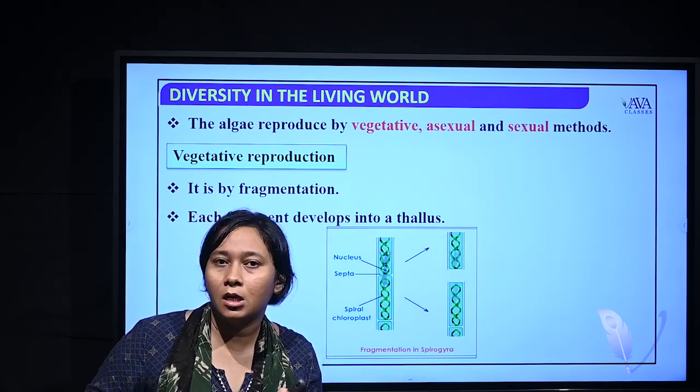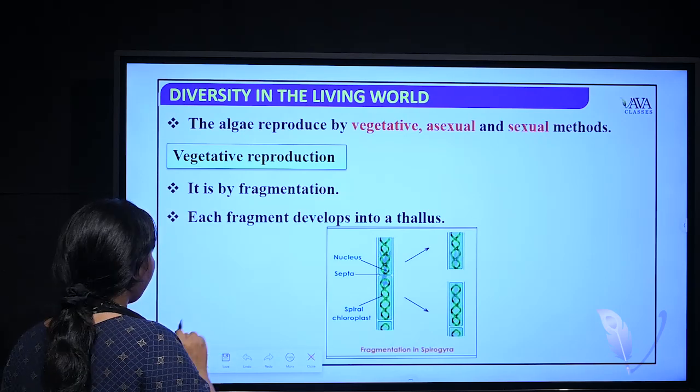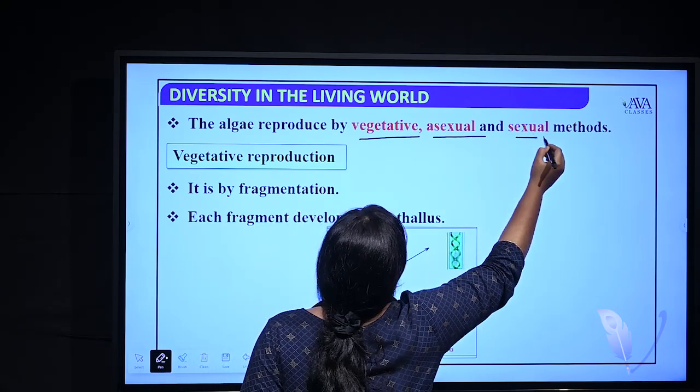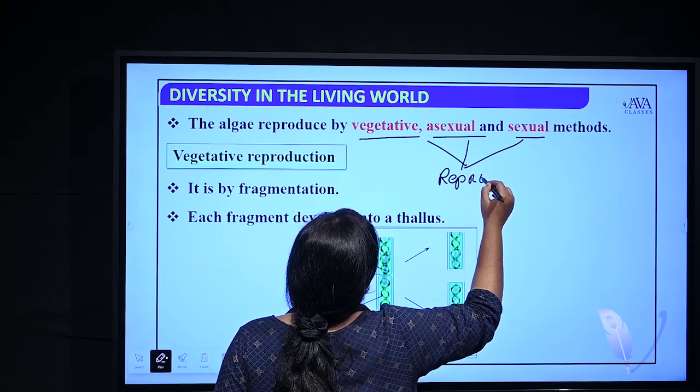So generally we study their reproduction in three categories: vegetative, asexual, and sexual.